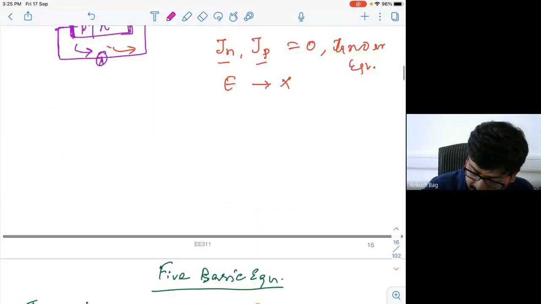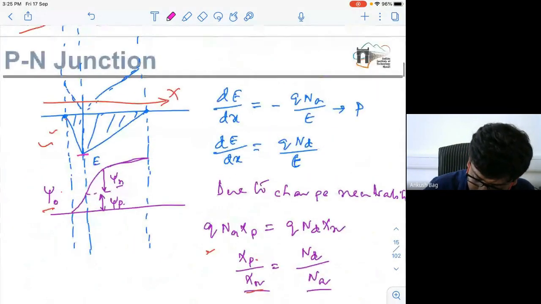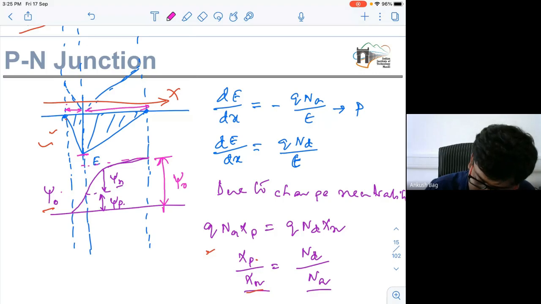So this potential psi naught, the overall built-in potential, is essentially half into the total depletion region xp plus xn, into Em, which is the maximum electric field.